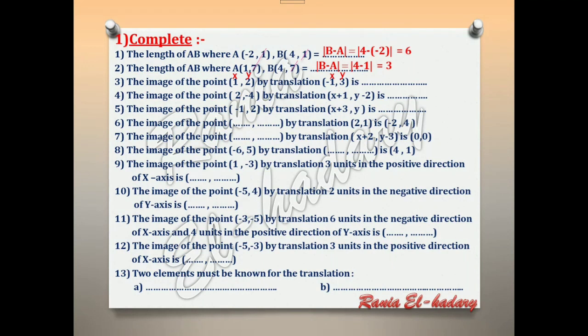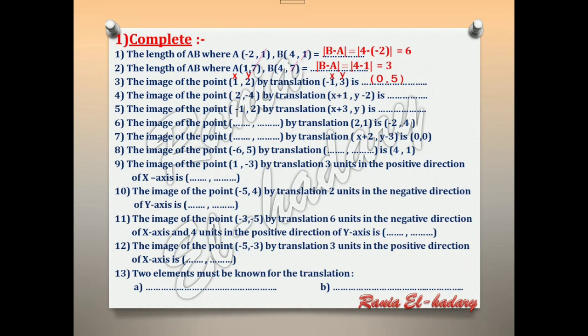So adding X in the point with X in the translation and Y in the point with Y in the translation. So 1 minus 1 equals 0, and 2 plus 3 equals 5.